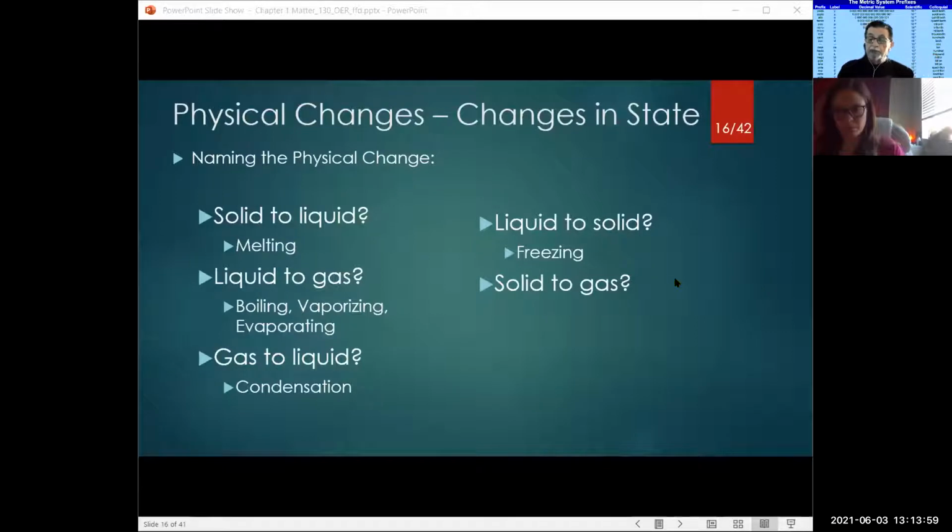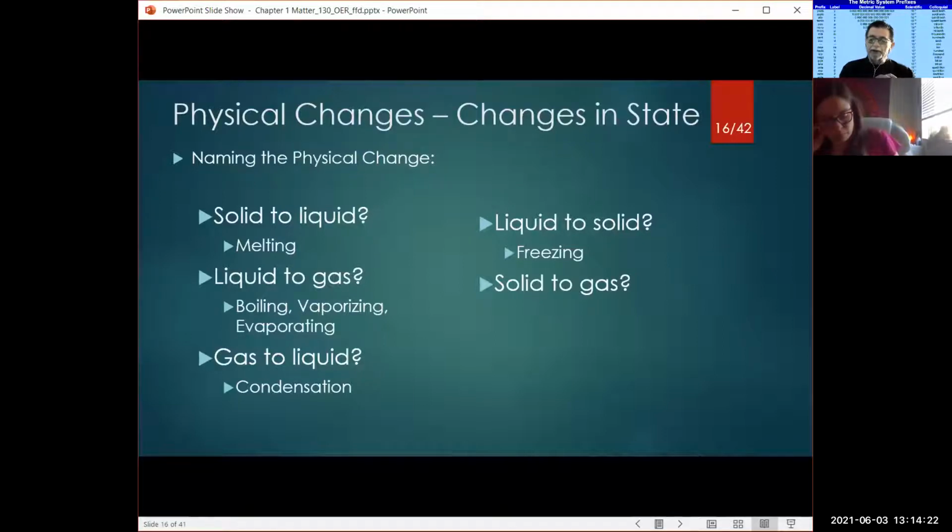Now, what might be new is a process that we call solid to gas. Okay, very few molecules do that. You can go to Fry's grocery store and buy yourself some dry ice, because dry ice is nothing more than carbon dioxide. Okay, good old-fashioned carbon dioxide.